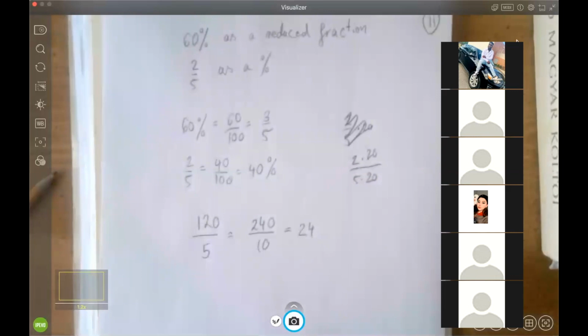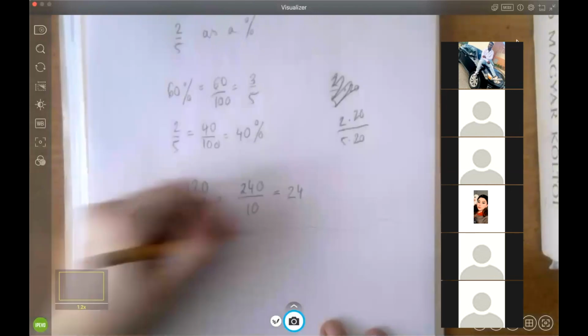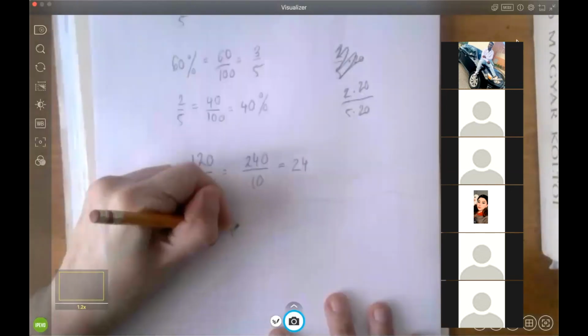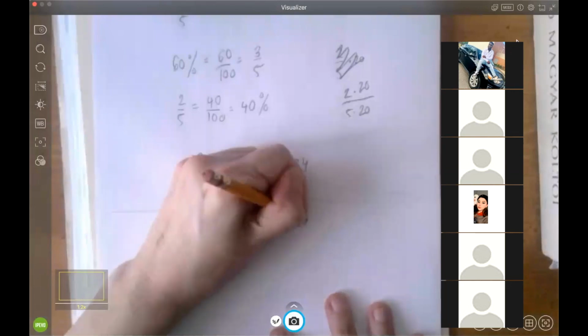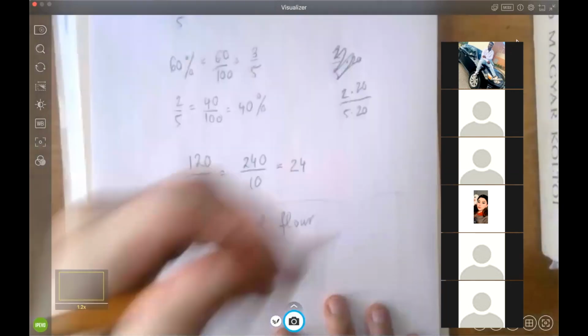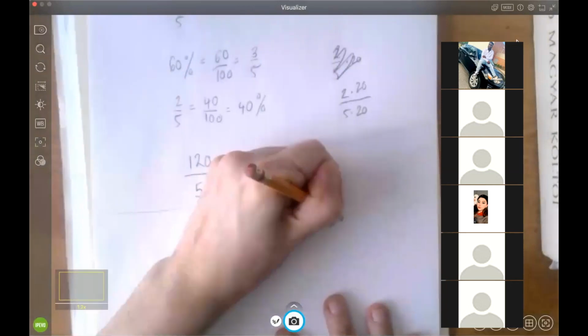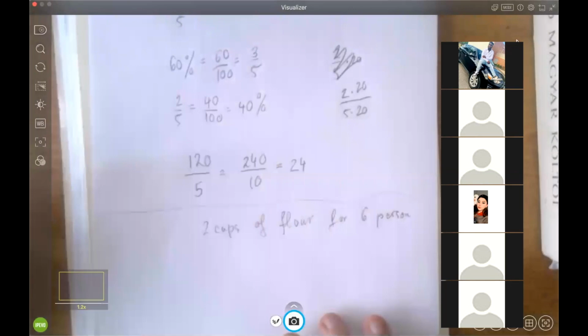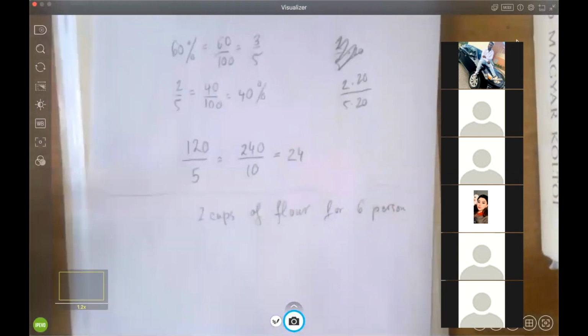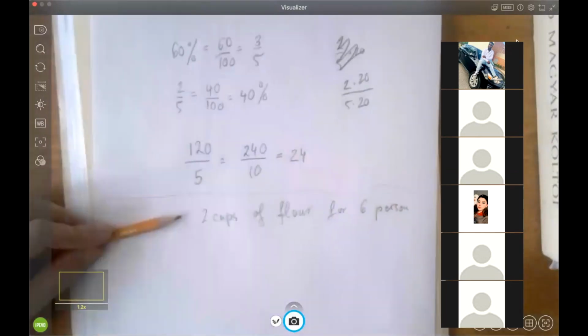If the recipe calls for 2 cups of, let's say flour, for 6 people, and you have 12 people coming, then how many cups do you need if you want to bake for 12 people?